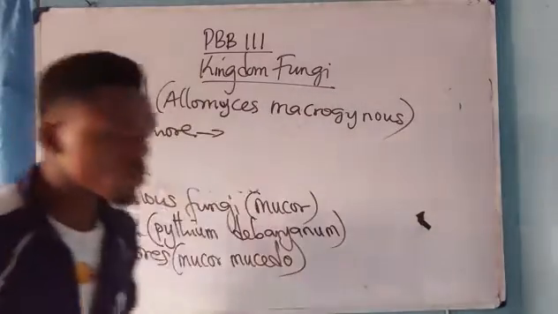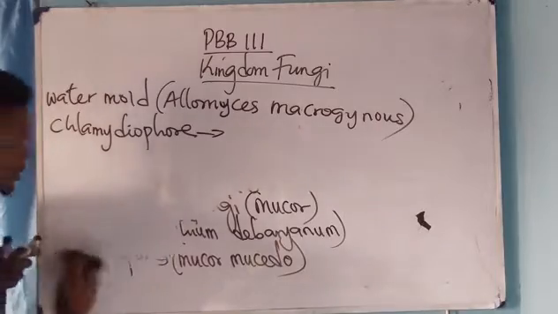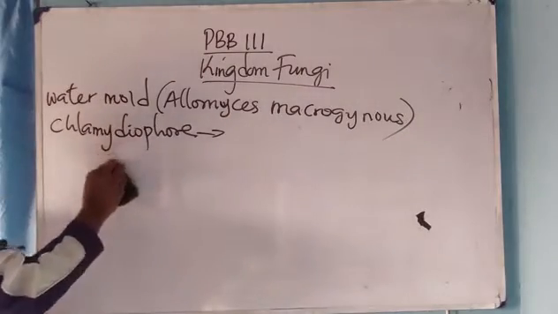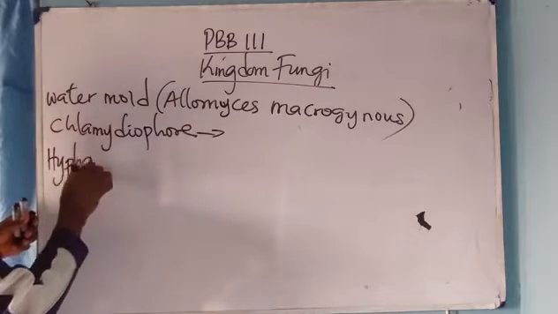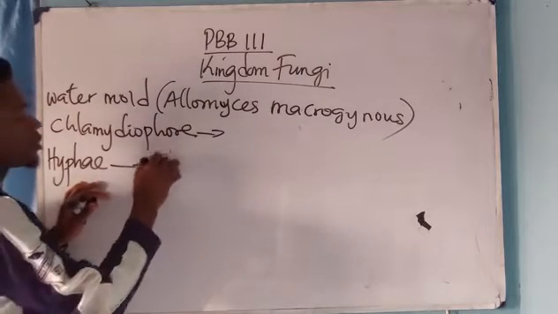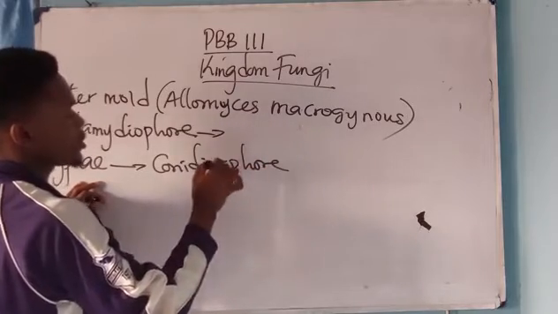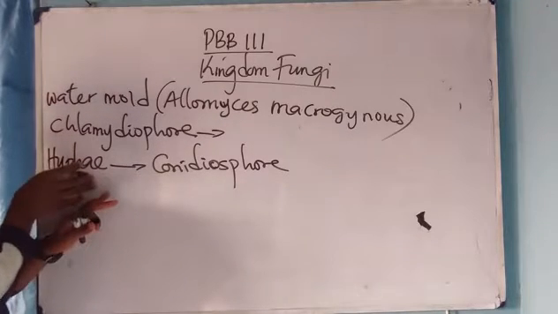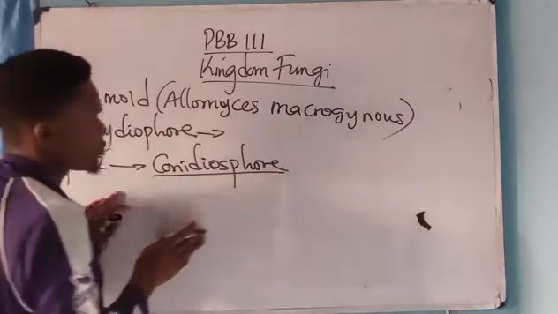Then some spores are also produced in a specialized structure called hyphae. Spores that are produced in the hyphae are called conidiospores.